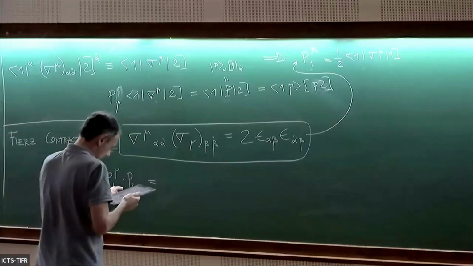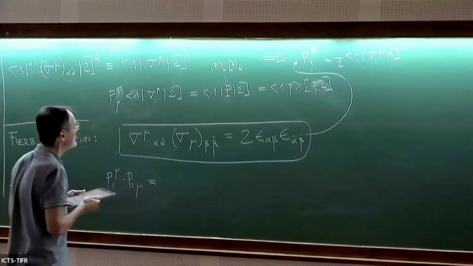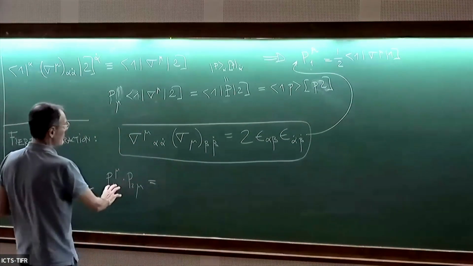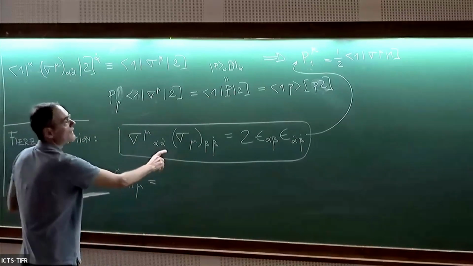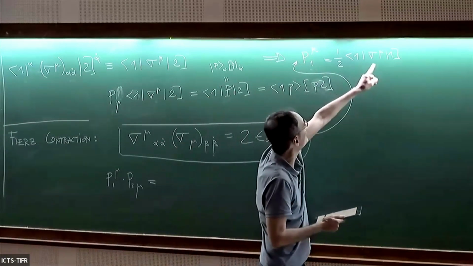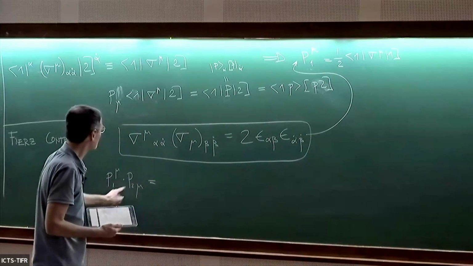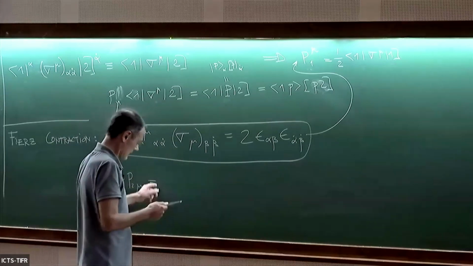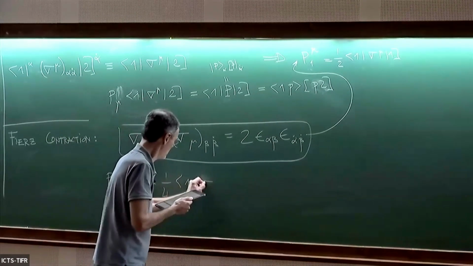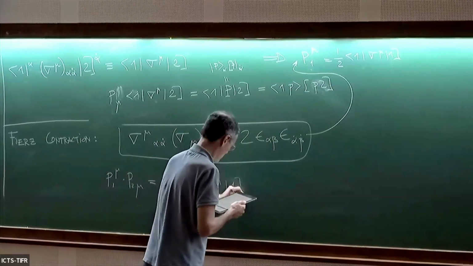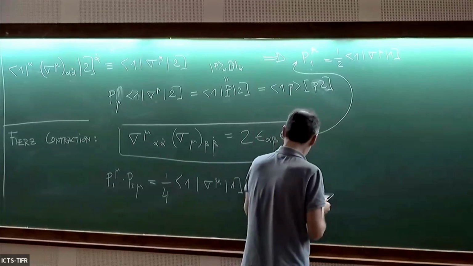Let me write this one, and probably it will be more clear. P1, P2, using this thing. If I use this one, okay. When you multiply those P mu by sigma mu's, you get spinor 1 sigma mu 1, spinor 2 sigma mu 2.